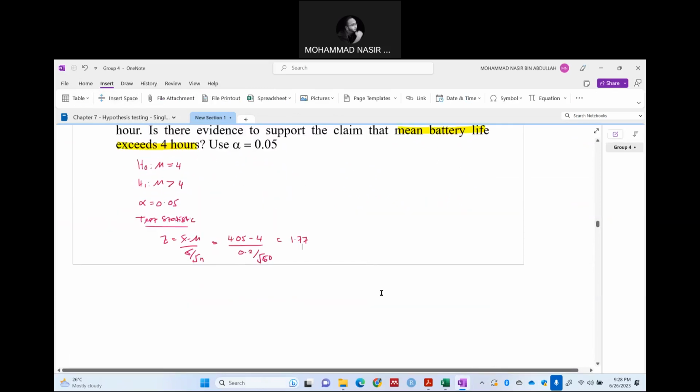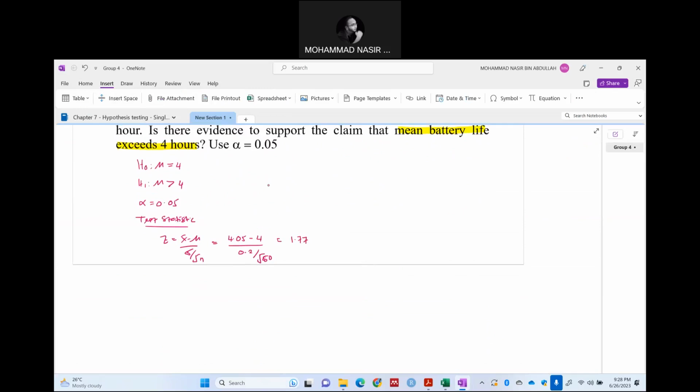Right? So by looking at the alternative hypothesis, this is a one tail test. So the critical region should be to the right, because it's more than.